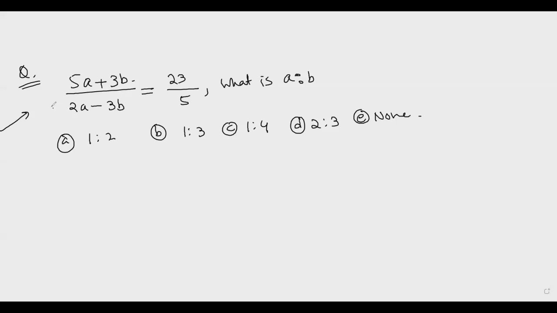One is to 4. Is it 1:4 or 4:1? 4 is to 1, 4:1. Okay, that means none of this. And how did you solve it? Share your thoughts.